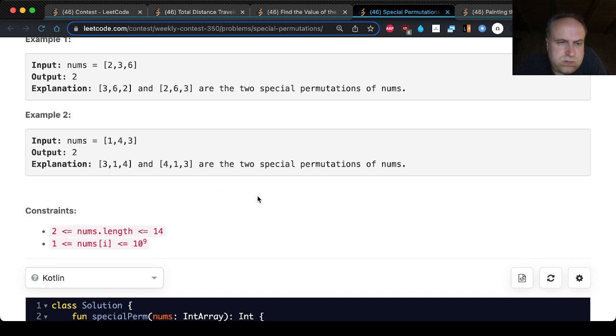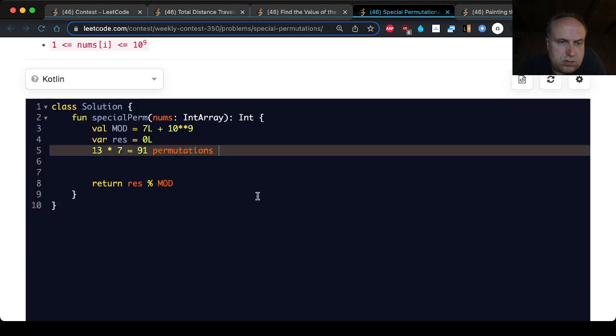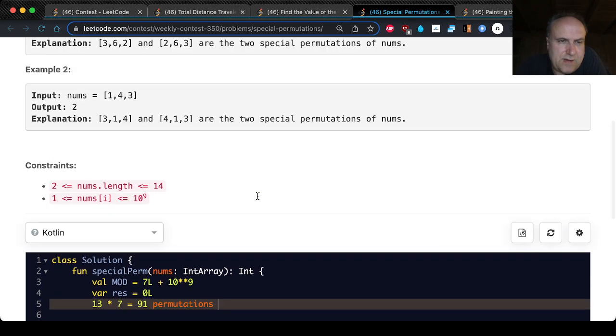Since there are only 14, oh, I need to test 91 permutations. Okay, so I test 91 permutations, and I check if each one is correct.